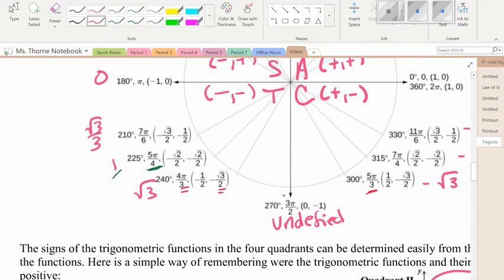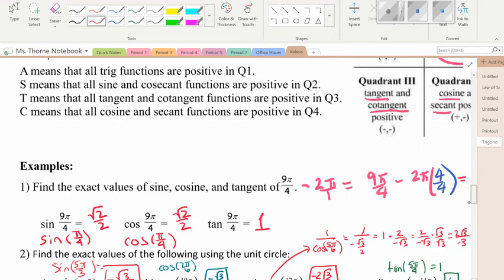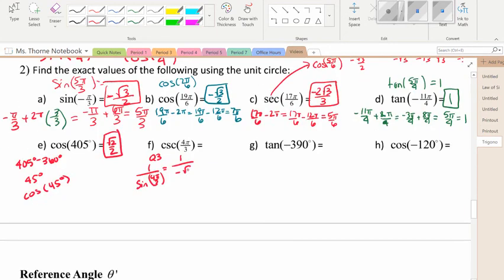The sine is negative root 3 over 2. If we have a fraction divided by a fraction, multiply by the reciprocal of what's here. So that becomes 2 over negative root 3, rationalize the denominator, and we get negative 2 root 3 over 3. So that's what the cosecant of 4 pi over 3 is equal to.